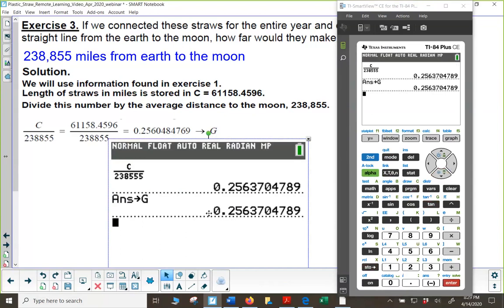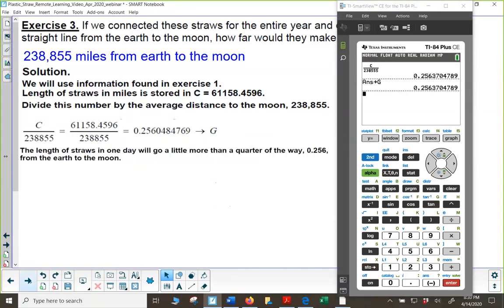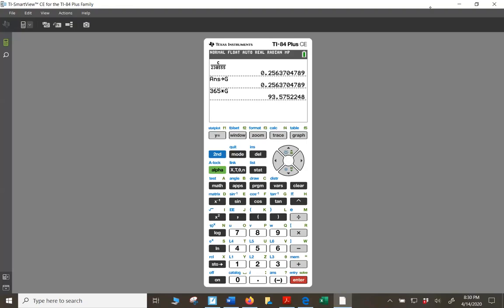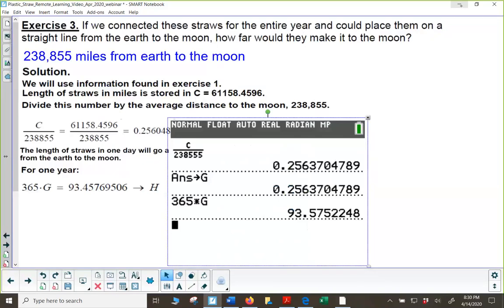So in 1 day, it goes about a quarter of the way to the moon. So what I need to do now is multiply that by 365. So 365 times what's in G. And you can see there that it's 93.5 times to the moon.